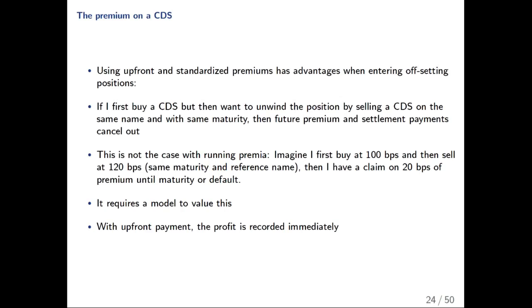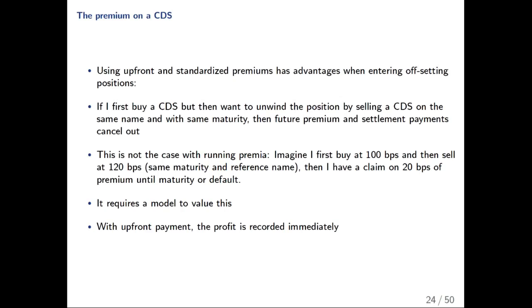The 100 basis points would be paid for the life of the CDS, every single quarter. Then imagine in the future the credit quality of the firm goes down. When the credit quality of the firm goes down and I bought a CDS, that means the premium is going to go up. It means I'm going to make a profit.